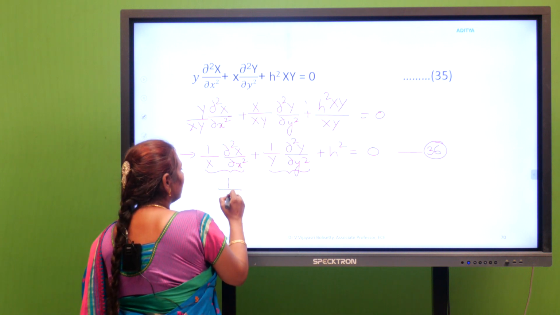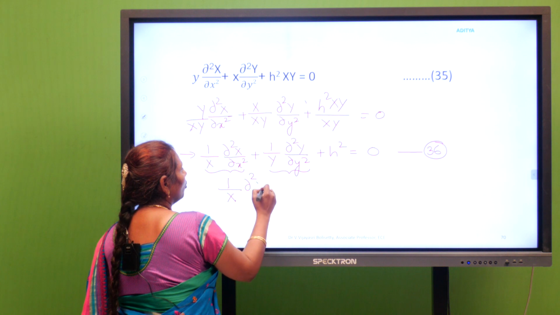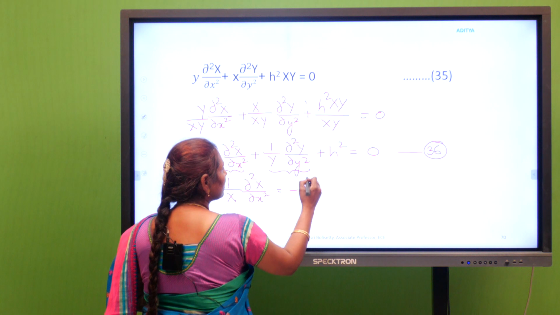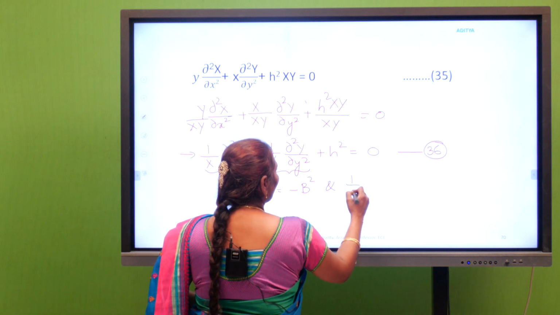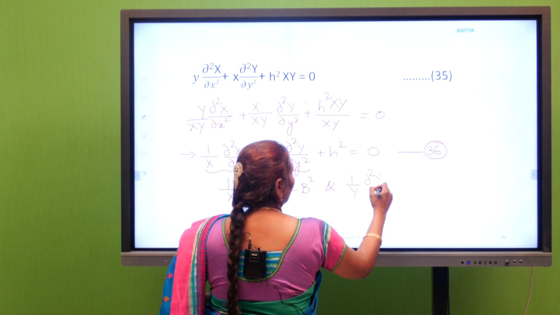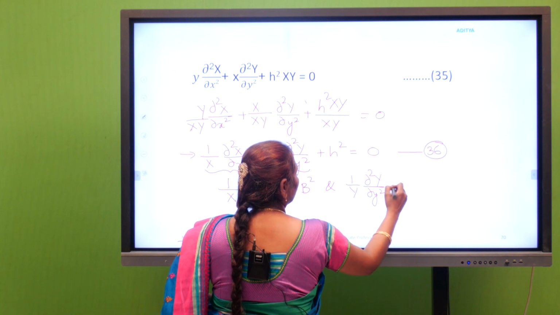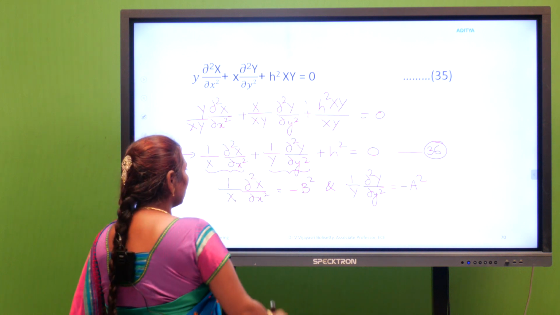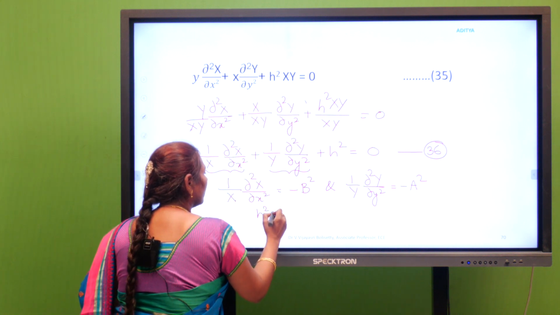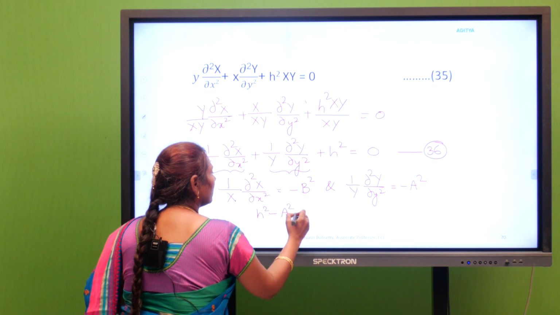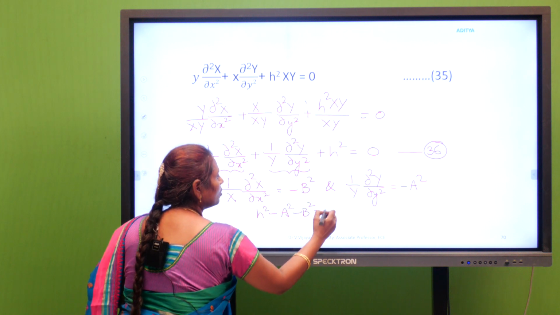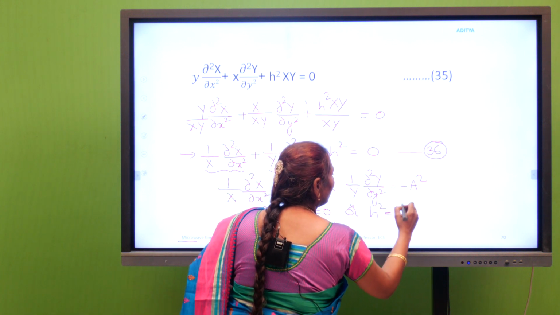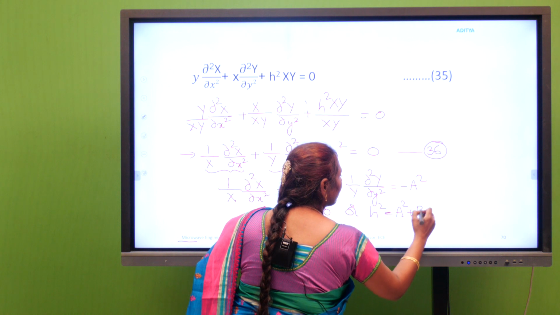Let us consider (1/X) ∂²X/∂x² equal to minus b squared, and (1/Y) ∂²Y/∂y² equal to minus a squared. Then this equation becomes h² − a² − b² = 0, or we write it as h² = a² + b².